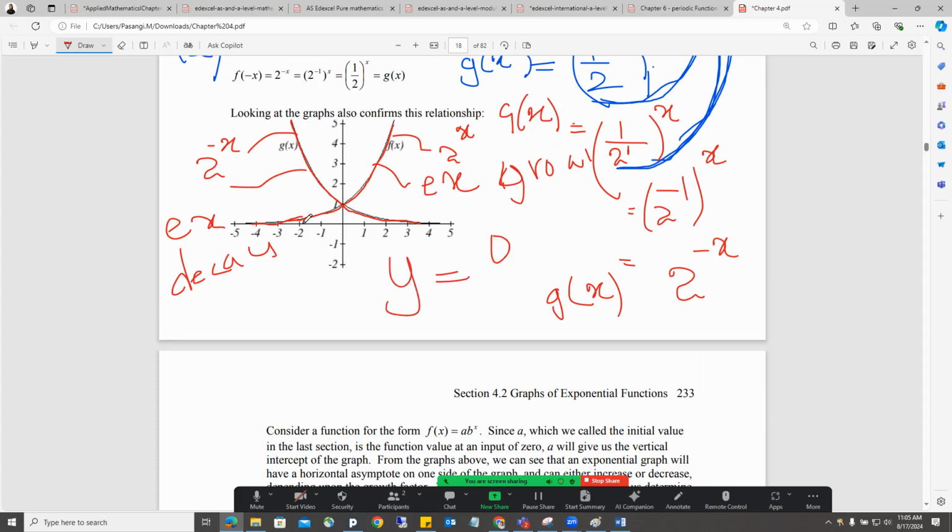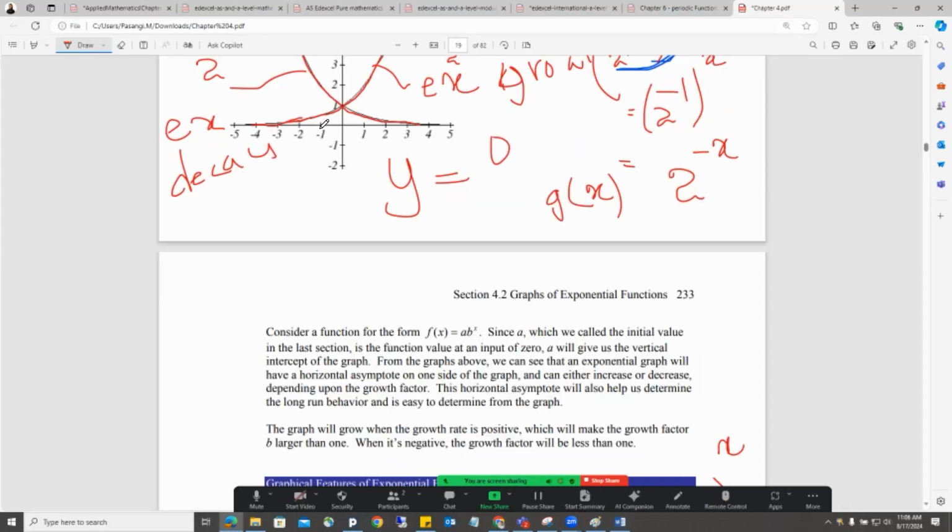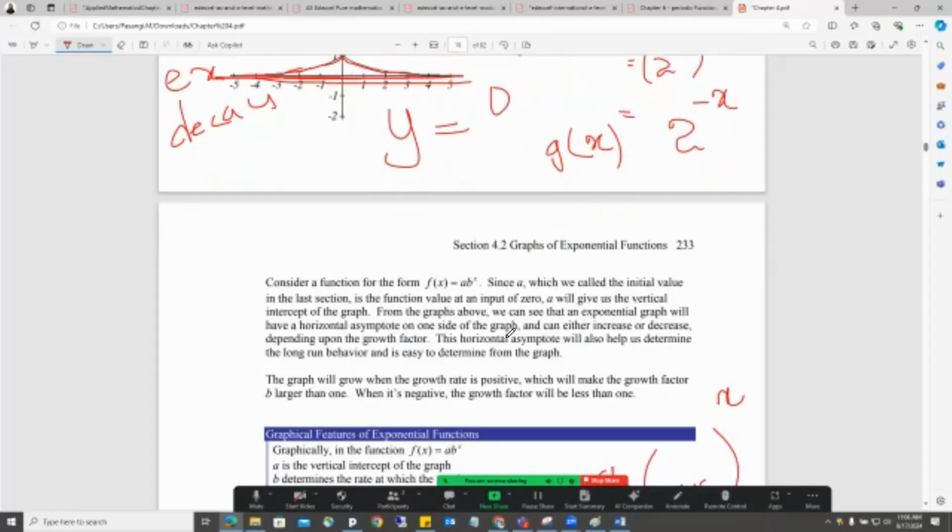Yes, y equals 0 is the horizontal asymptote. The horizontal asymptote will also help us determine the long run behavior and is easy to determine from the graph.